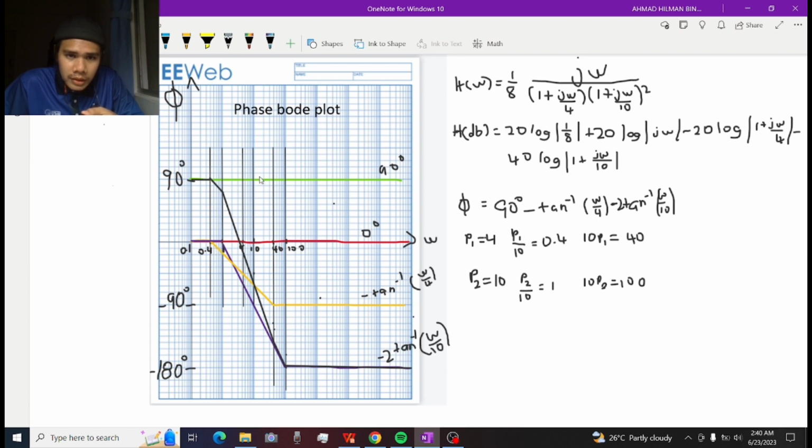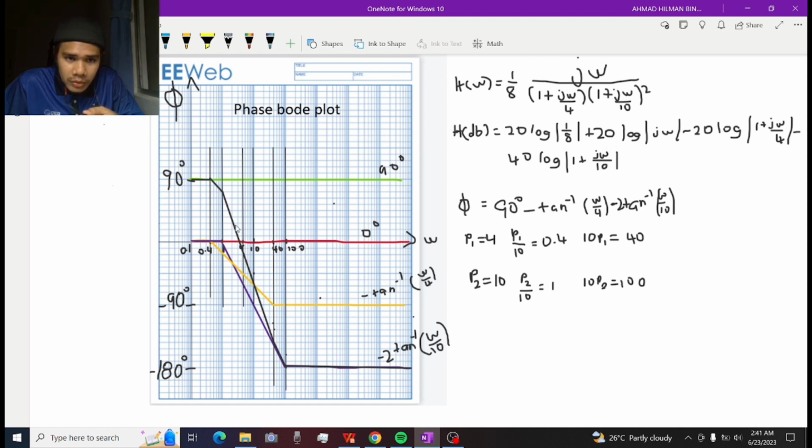So the green one is 90 degree and the yellow one drops down by 18 degree, because one division is 9 degrees. So from 0.4 until 1, it only has two divisions, so 9 times 2 is 18. So 90 degree minus 18 is 72 degree.